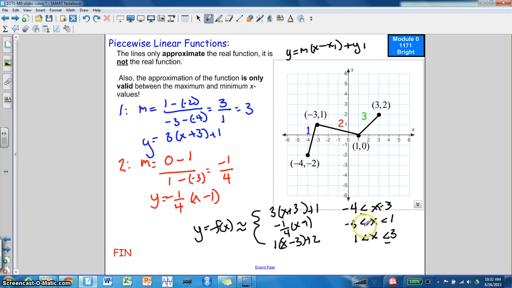I like to put equality signs on these first ones, mainly because I know that this point is included in this one. You can have it in both places if you wish, but it's a little redundant. So try and do it in only one place, but that, in short, is how you make a piecewise linear function. And we will continue in studying transformations of functions next.